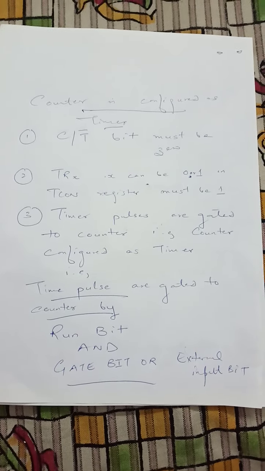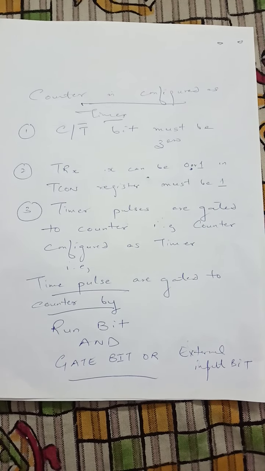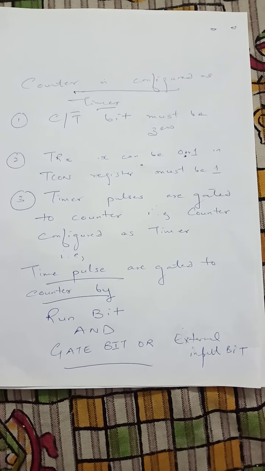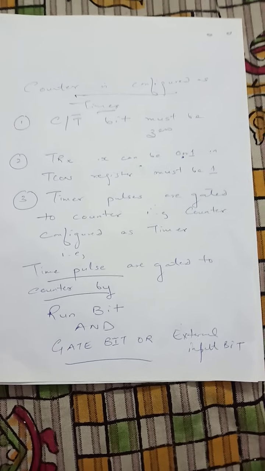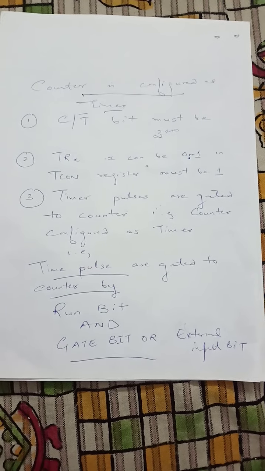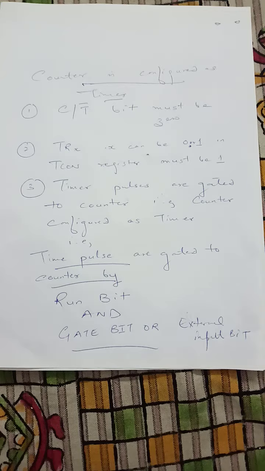So timer pulses are gated to the counter and the counter is configured as a timer. So it is basically the run bit and gate bit or external input pin which will decide the operation of a timer. While in case of counter, T0 and T1 in combination with C/T bar will decide the operation of a counter. So this is all about the introduction of timer and counter in case of 8051.